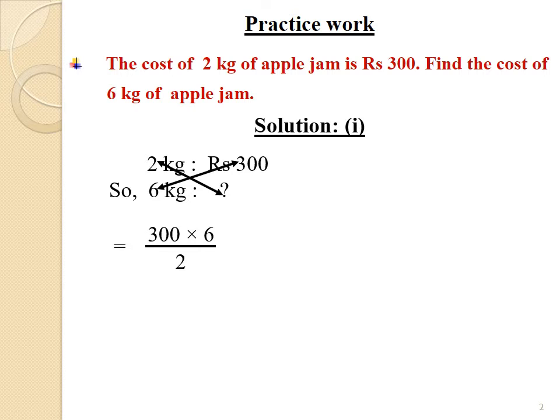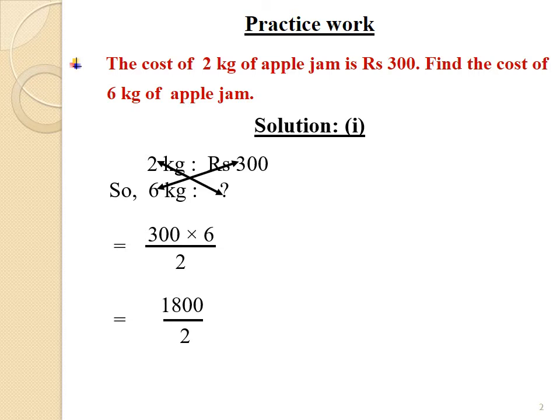Students, now we have to multiply 300 by 6 and we have to keep denominator 2 as it is. Thus, multiplying 300 by 6 and keeping the denominator same, we get 1800 by 2.